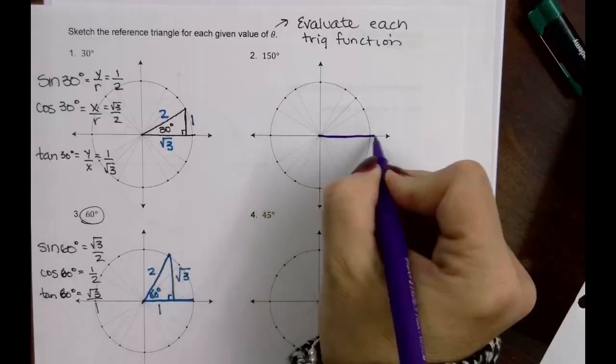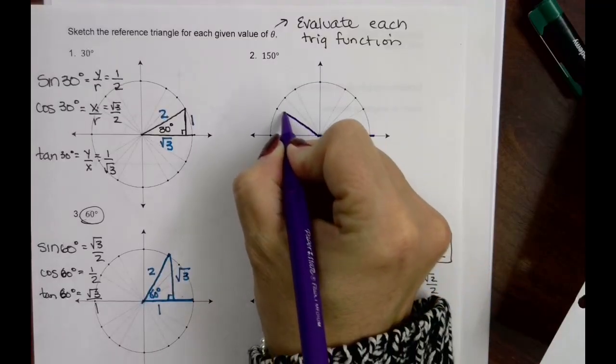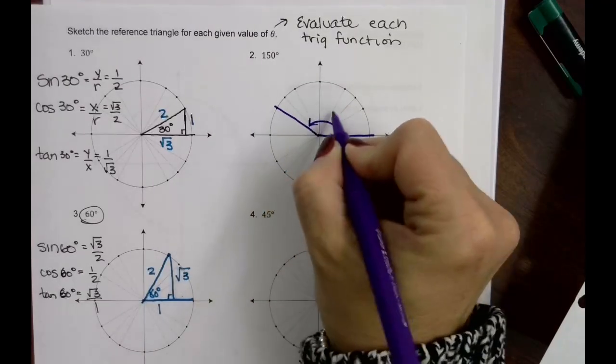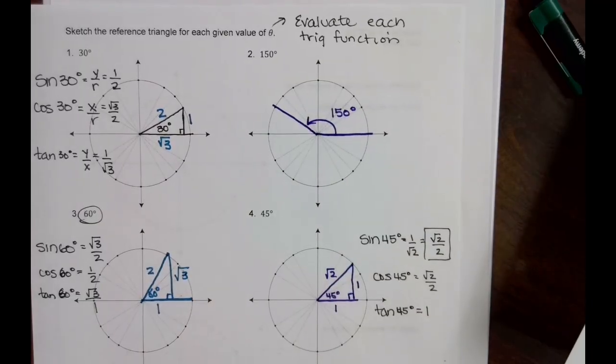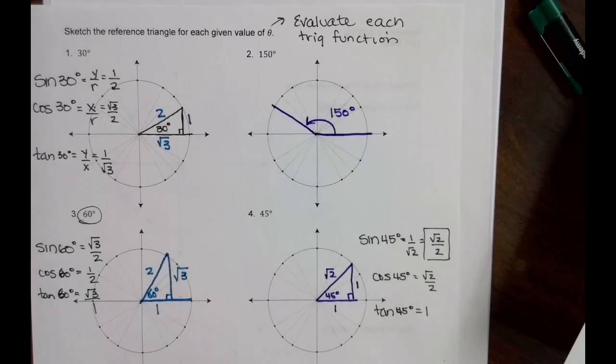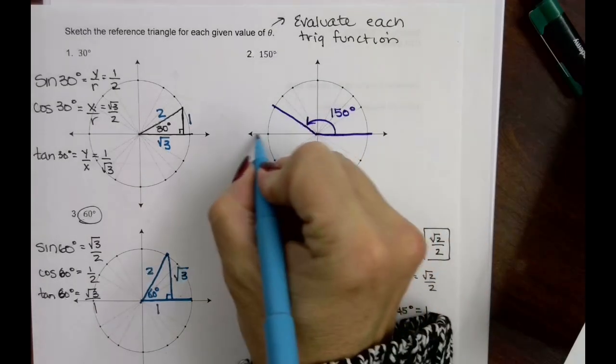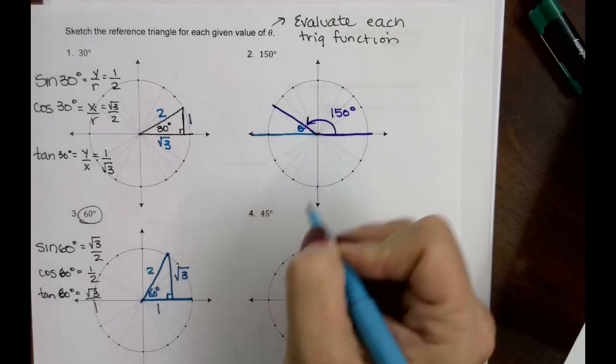Here's my initial side, here's my terminal side. This is my angle for 150 degrees. The reference angle is the angle that's closest to the x-axis. So this is my reference angle.